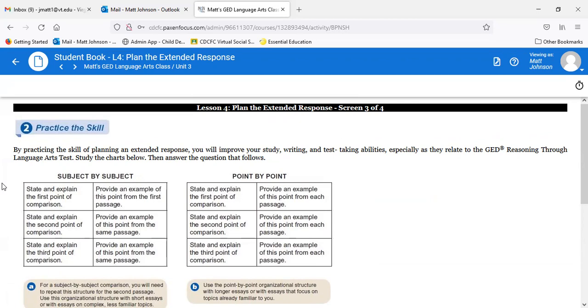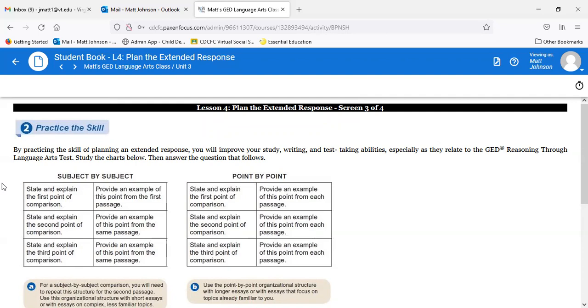What we've been dealing with here are fairly short passages. And so you're going to do that over and over again. So same thing, state and explain the second point of comparison, provide an example of this point from the same passage, state and explain the third point of comparison, provide an example of this point from the same passage, okay?